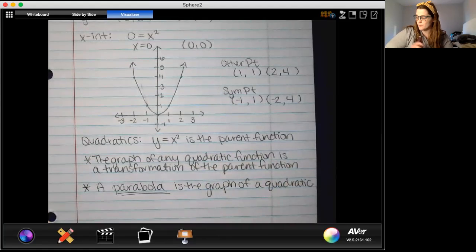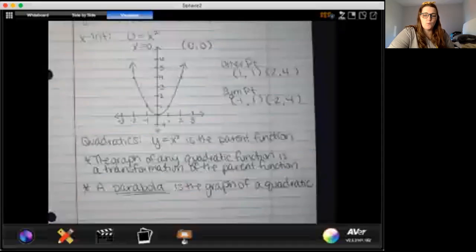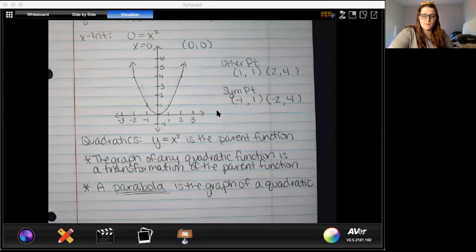Okay, so since we talked about that everything is a transformation from this, now we need to discuss what those transformations actually look like and how do we know that they're a transformation? Well, it's actually a nice equation that you'll use to figure that out.